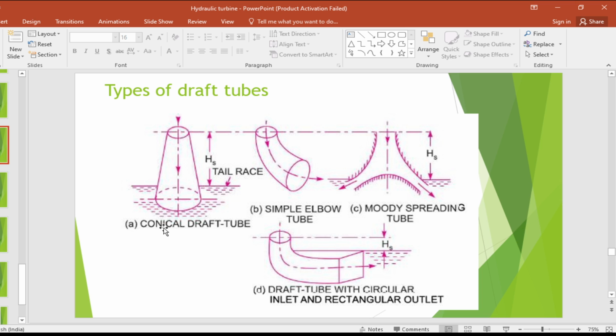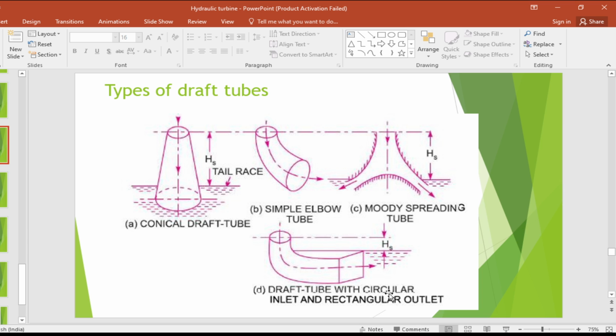The conical draft tube and Moody spreading draft tubes, A and C, are the most efficient, while the simple elbow tube and the elbow draft tube with circular inlet and rectangular outlet require less space.